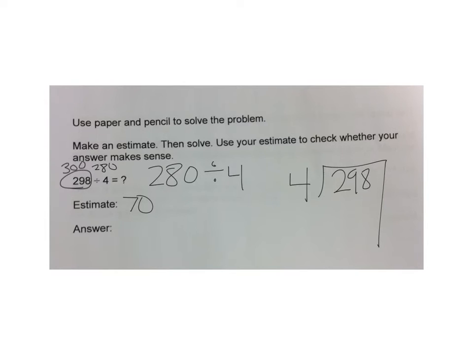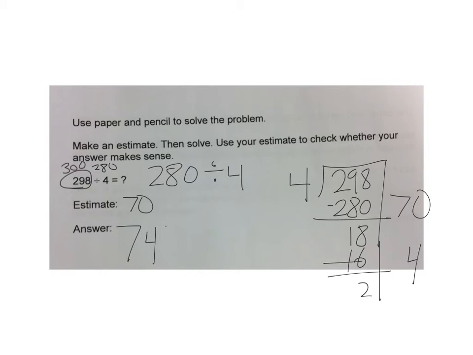I know that 4 times 70, I can use my estimate as a help. It's 280, leaving me 18. And 4 times 4 is 16, leaving me 2. So my answer would be 74 and 2/4. Very close to my estimate. Here you can see our estimate made our division simpler.